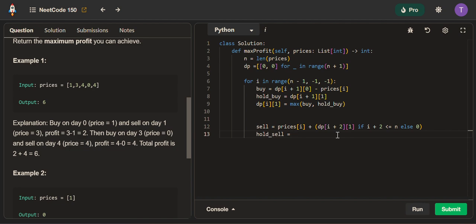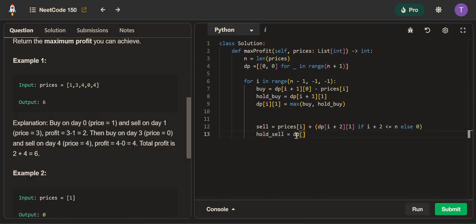And if we sold the price and we now want to hold, what we're gonna do is that we're gonna basically take the maximum prices of selling the next day, because this is basically the case where instead of selling, we're gonna hold and sell a day later.